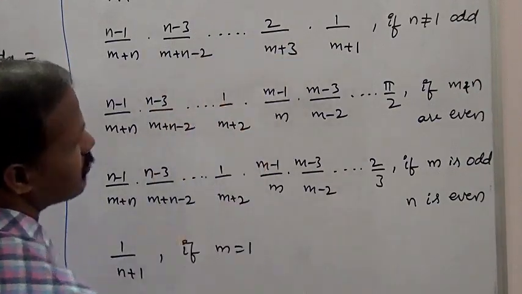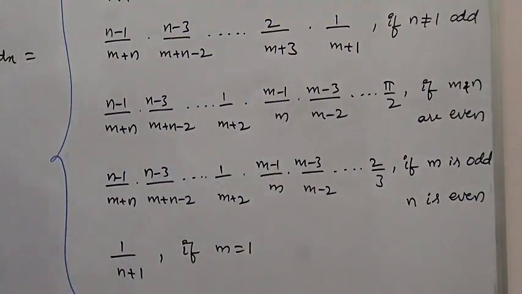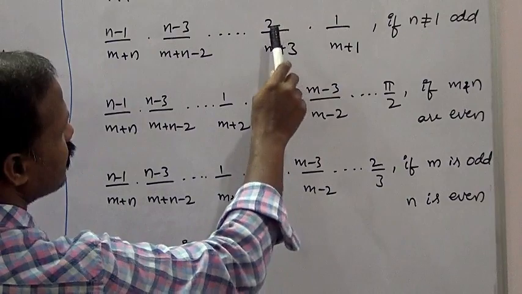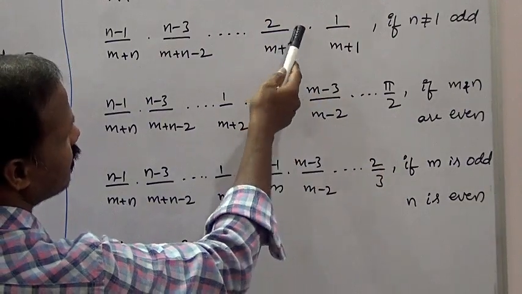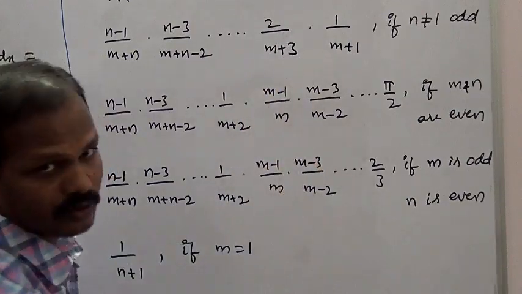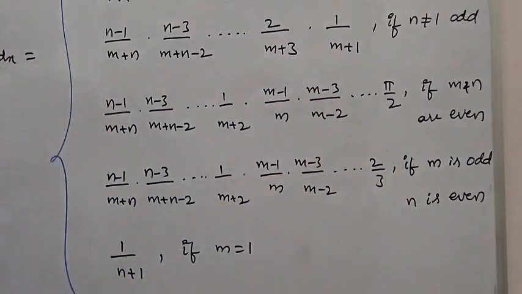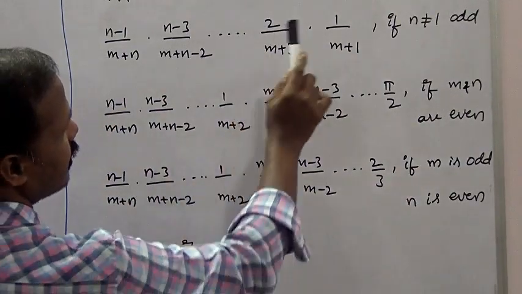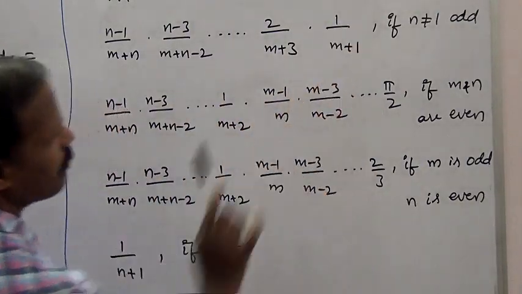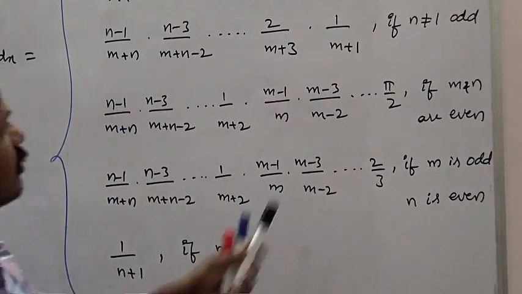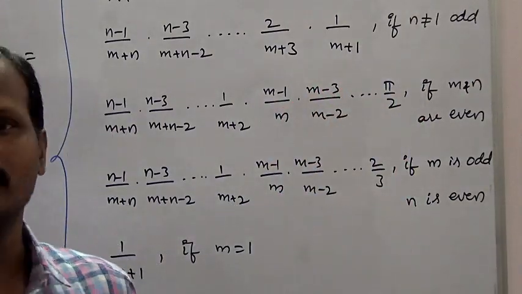Continue this, and stop somewhere, because if you again apply successive reduction, then it becomes 0, 2 minus 2 is 0. So you should not continue the successive reduction. Just stop it here. Then at last 1 by m plus 1. So this is the case if n is odd, irrespective of the m value.